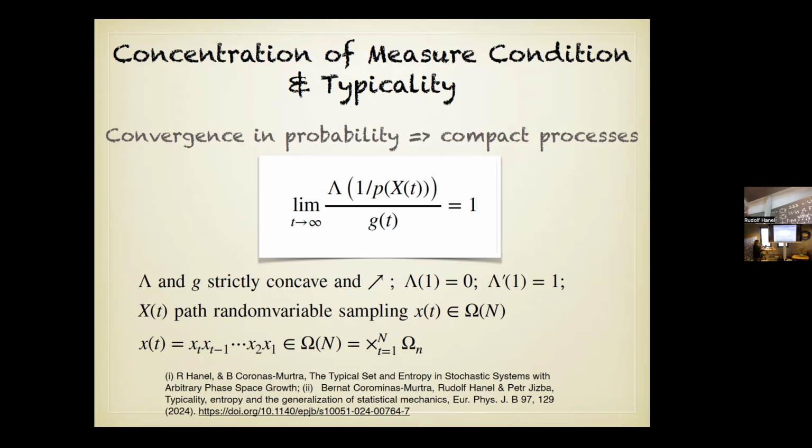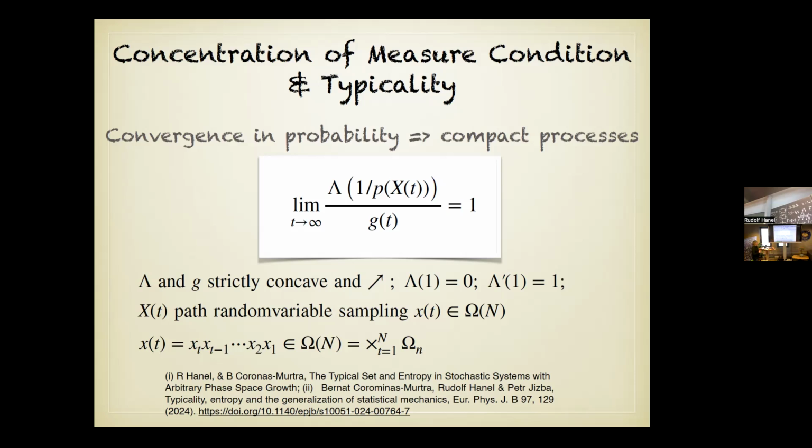Okay, so still we may have a complicated growing, shrinking, whatever sample space, and we now assume that on top of looking at categorical processes of that kind, there exist two functions, lambda and g, that are monotonically increasing, and lambda typically concave. Lambda should be a generalization of the logarithm.